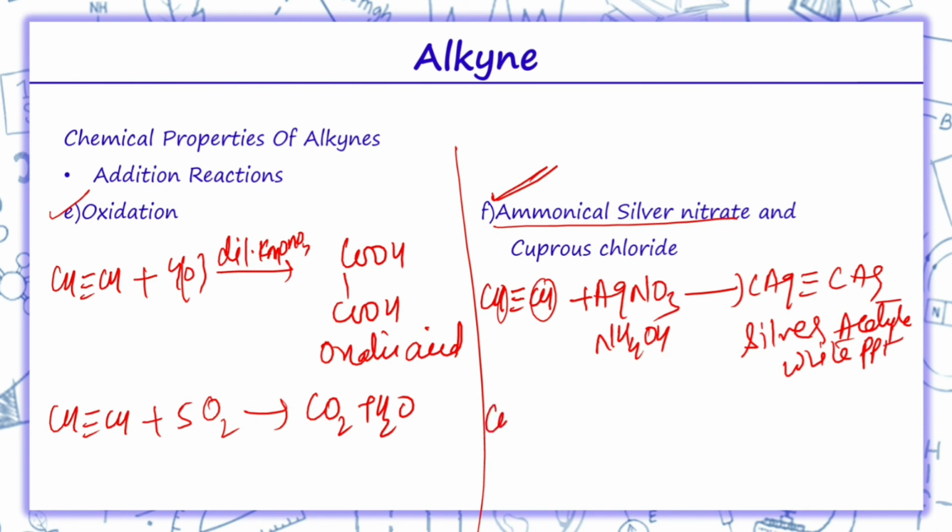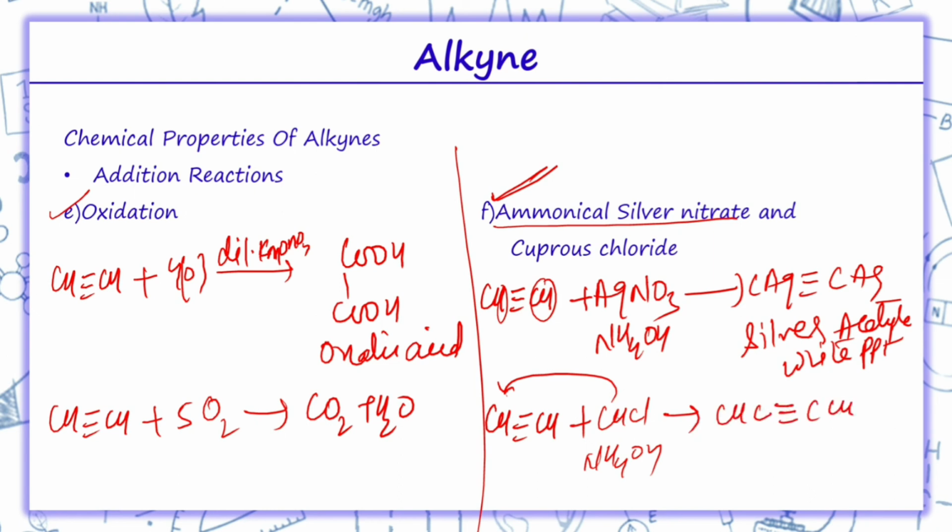Similarly, if we take ammoniacal cuprous chloride, that is CuCl plus NH4OH, again this H is replaced by Cu, so we get CuC triple bond CCu, which is copper acetylide.